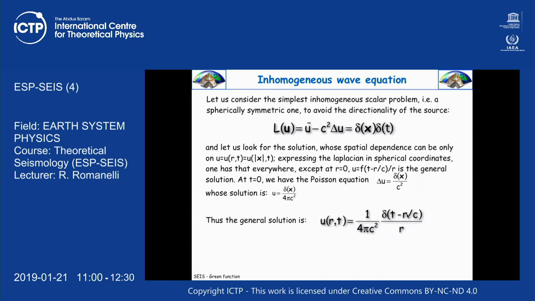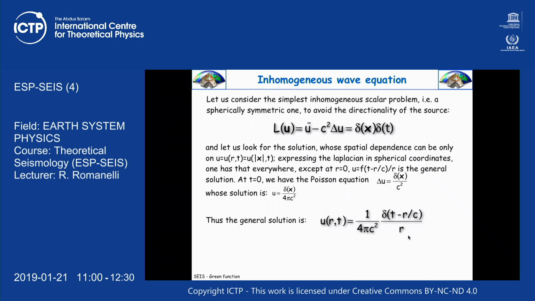So distance divided by velocity. And please remember that for spherical waves, the symmetry tells us that for the energy to be conserved, amplitude has to decay as 1 over r. Spherical waves, not plane waves. If you remember, we treated them in wave physics. Good.